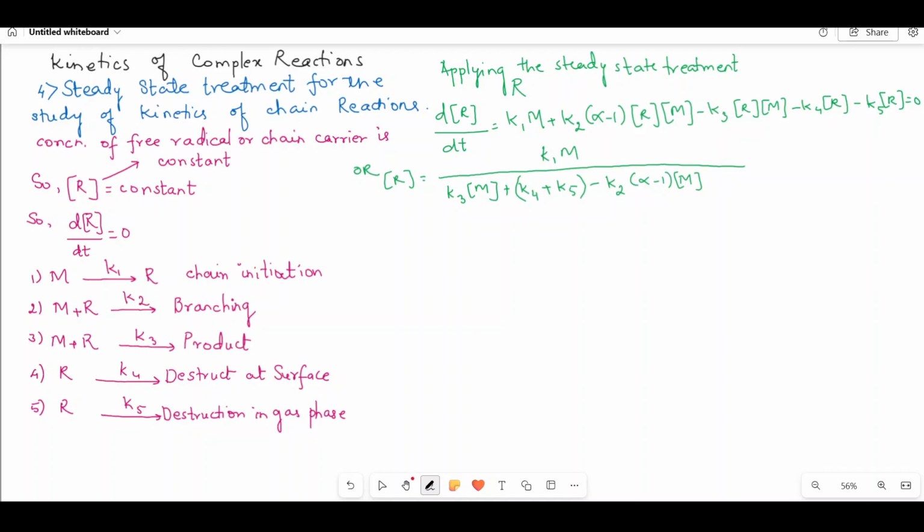So, the overall rate of the reaction is given by step 3.